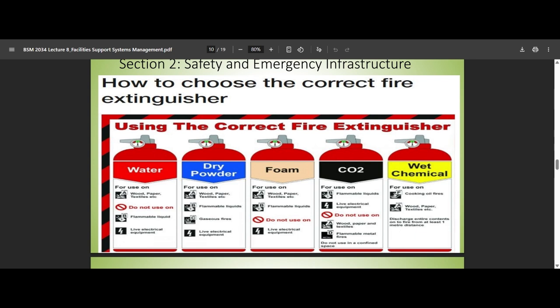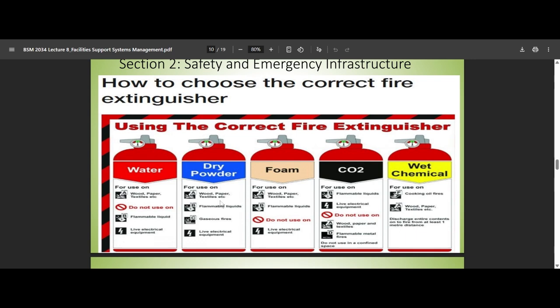Using the correct fire extinguisher, for example, here, if it's water, for use on wood, paper, textiles, do not use on flammable liquid or live electrical equipment. Now for dry powder, for use, it states here, for wood, paper, textiles, flammable liquids, gas fires, live electrical equipment.